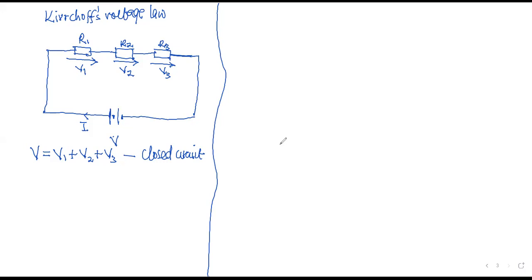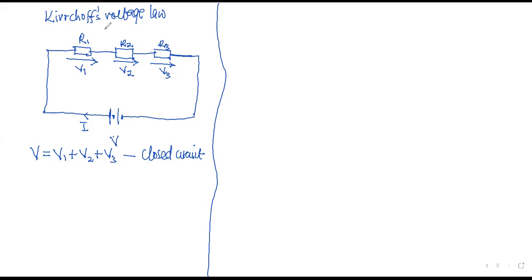This is similar to the distribution of water. Water itself is the current. The pipeline within which the water flows is akin to resistance. Then the voltage is the pressure which pumps the water through the pipe.